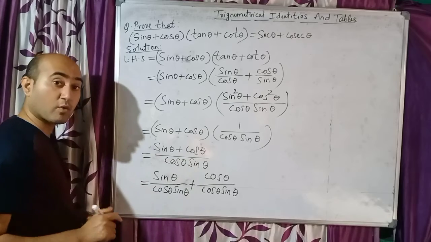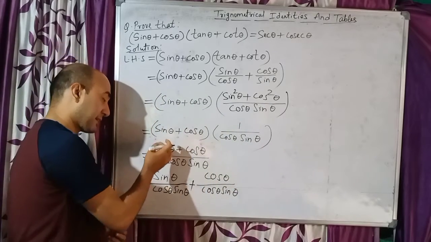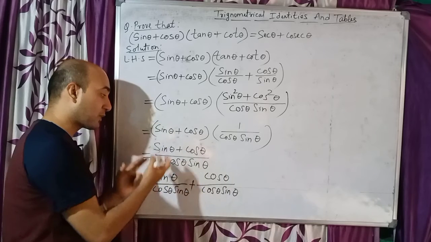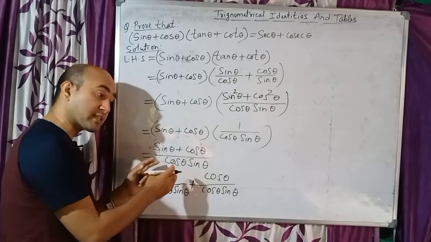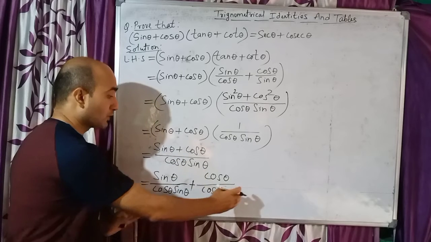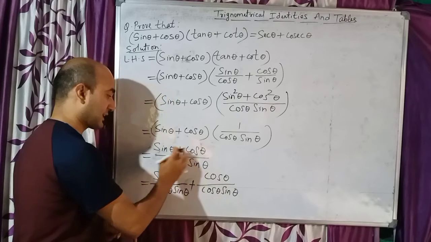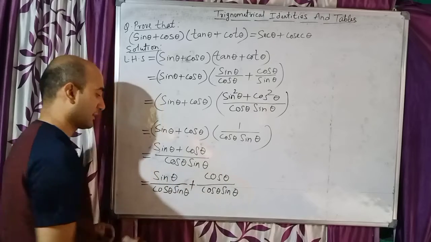That means what we have done: the result which we got after LCM, here we did not do LCM, but we broke the expression into two parts. So now the lower part will go in both the places, but the upper part will go in two different places.